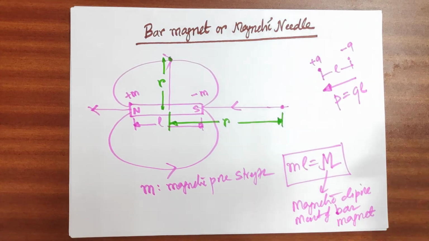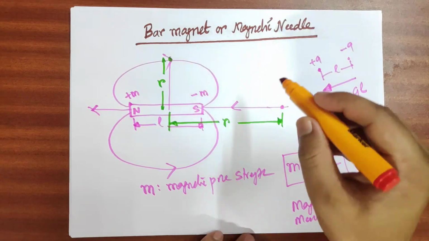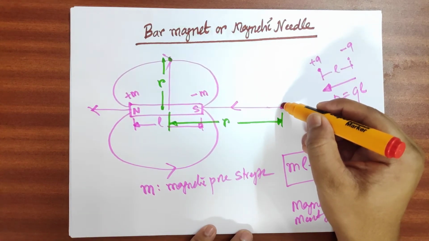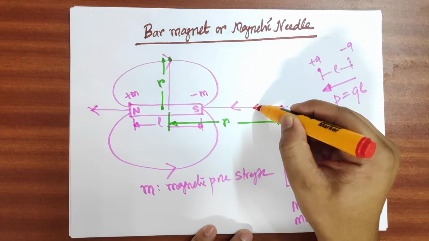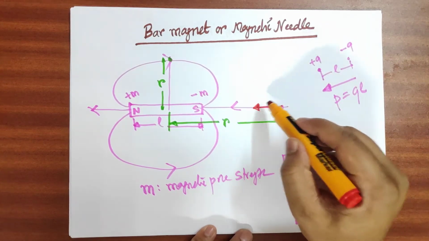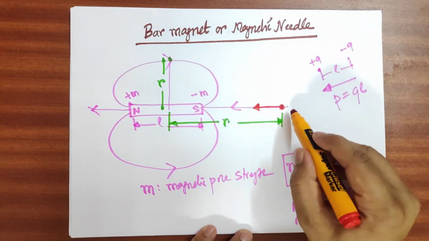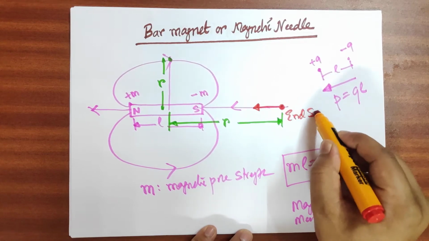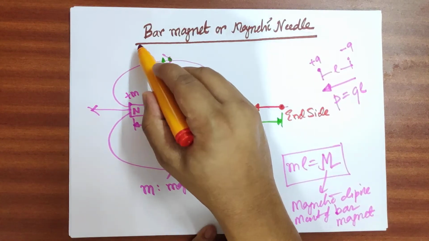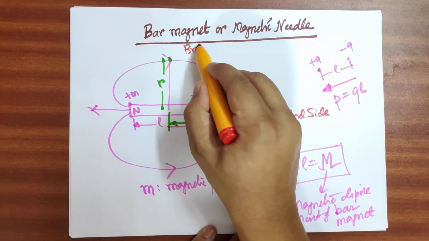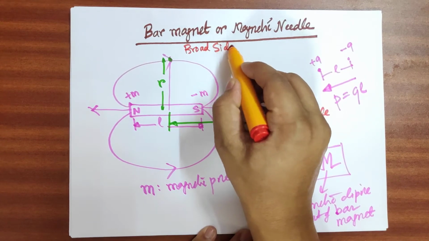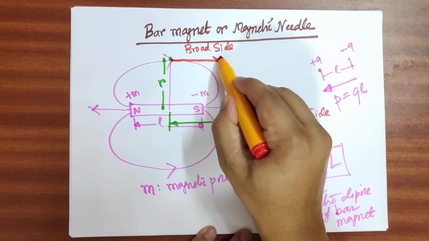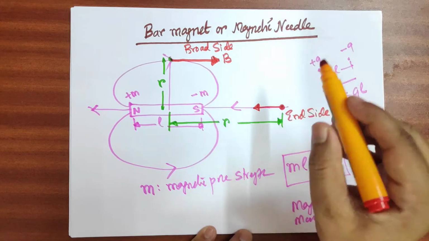Now, we can also compare the magnetic field here with the electric field due to a dipole. You know, this position is the end-on position or the end side position, and this position on the perpendicular bisector is known as the broadside position. So here also we can calculate the magnetic field.